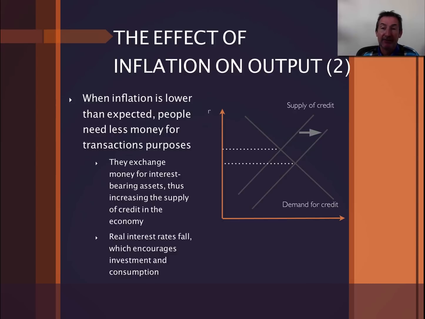This is increasing the supply of credit in the economy. An increase in the supply of credit will tend to push down real interest rates. That will encourage investment spending and it will encourage consumption spending. So we have a mechanism that says people will tend to want to hold more interest-bearing assets, and therefore that will push down interest rates, encouraging spending in the economy.